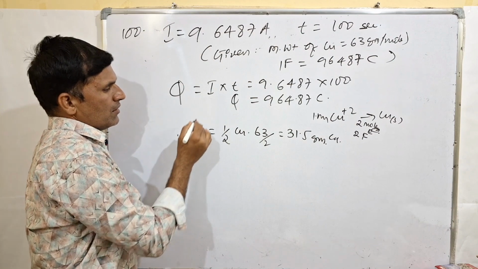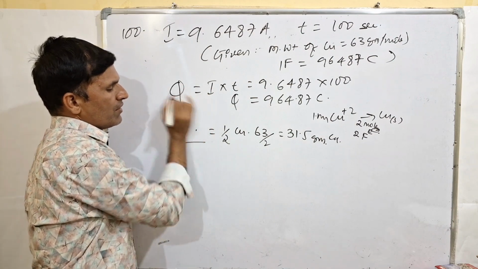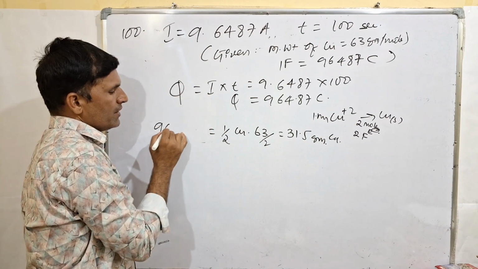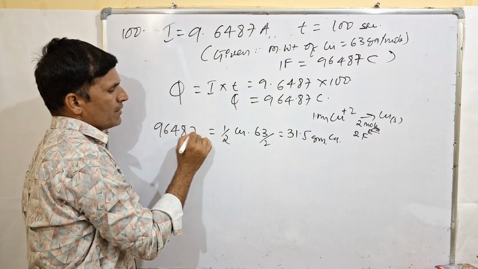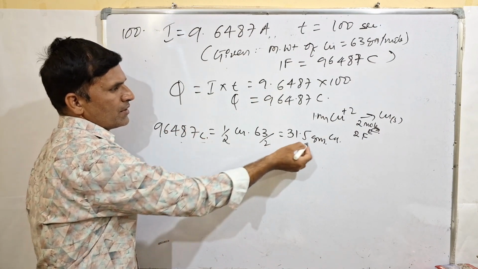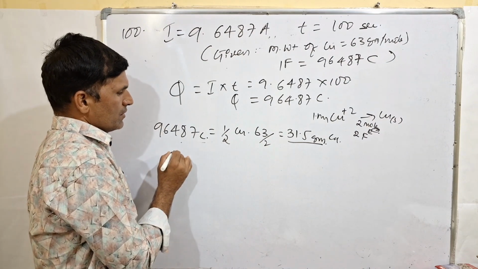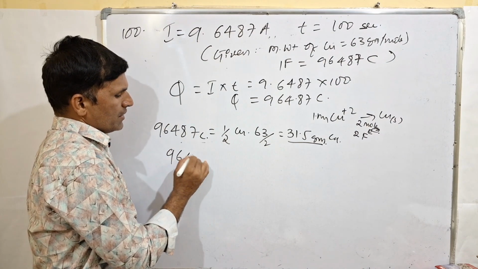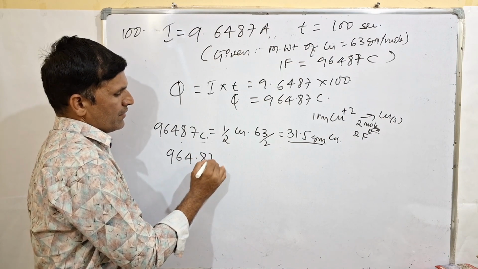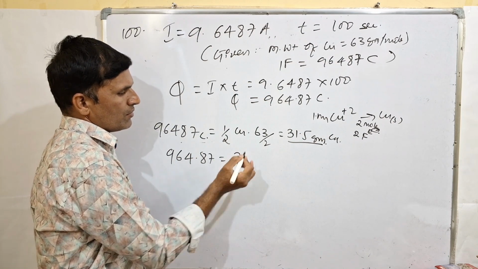Now, instead of 1 Faraday, we will write 96487 coulombs corresponds to 31.5 grams of copper. Therefore, 964.87 coulombs corresponds to how much? That is the question mark.